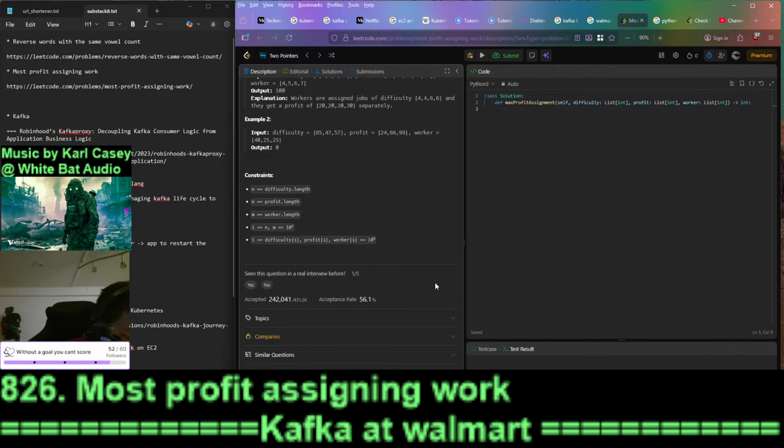So difficulty will be 35, 47, 52, 68, 86, and of course 35 is mapped to 17 in profit, 47 mapped to 81, 52 mapped to 1, 68 mapped to 67, 86 mapped to 3.